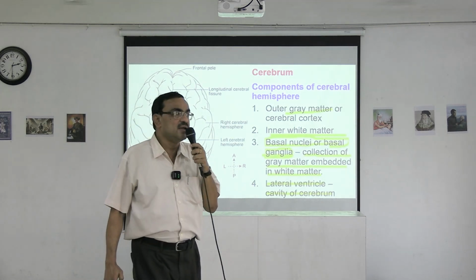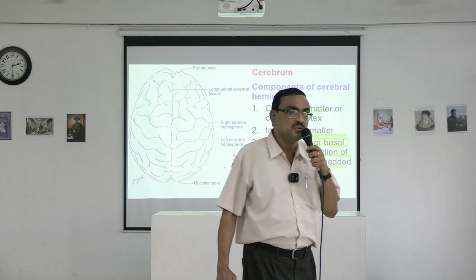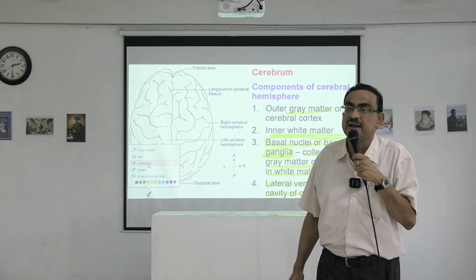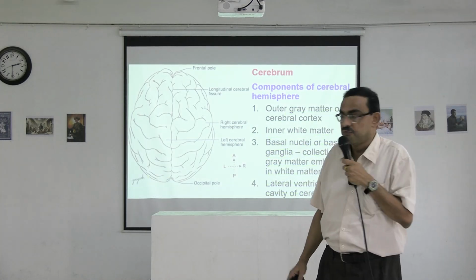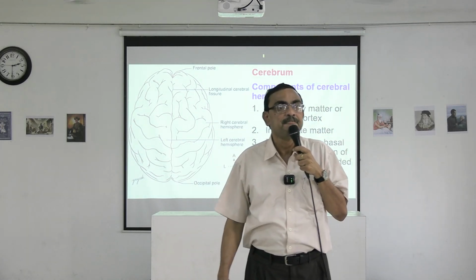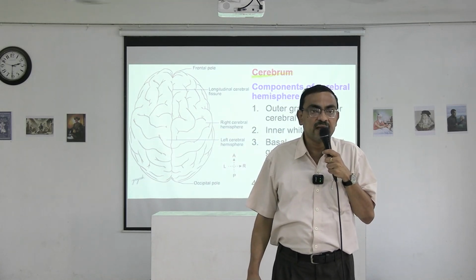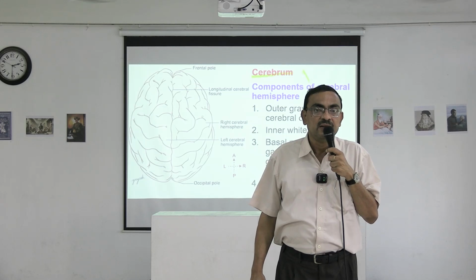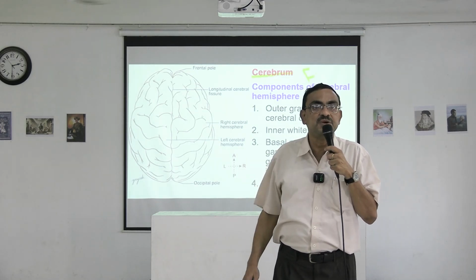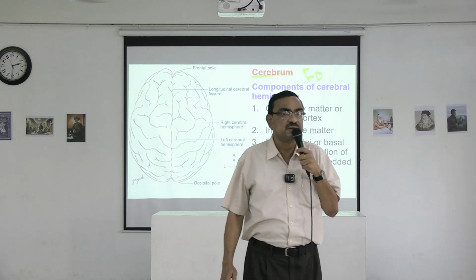And from your early childhood you know brain is divided into forebrain, midbrain and hindbrain. Forebrain means this part, that is the cerebrum, and also there is another part which is the thalamus.